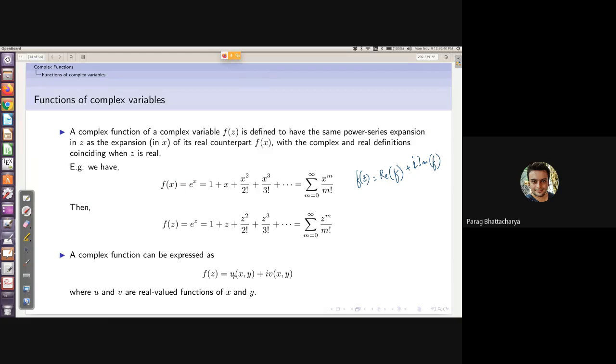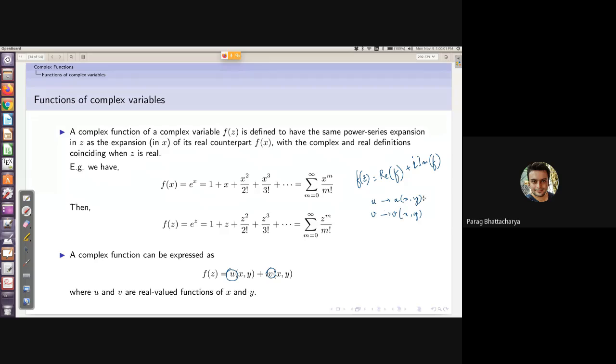This real part we write as u, and the imaginary part we write as v. Both u and v are functions of x and y, because z ultimately depends on x and y, z equal to x plus iy.